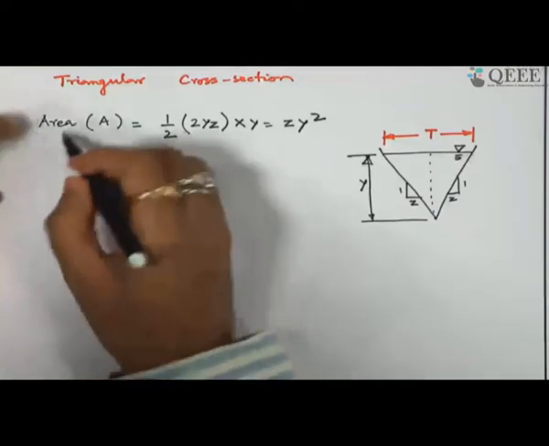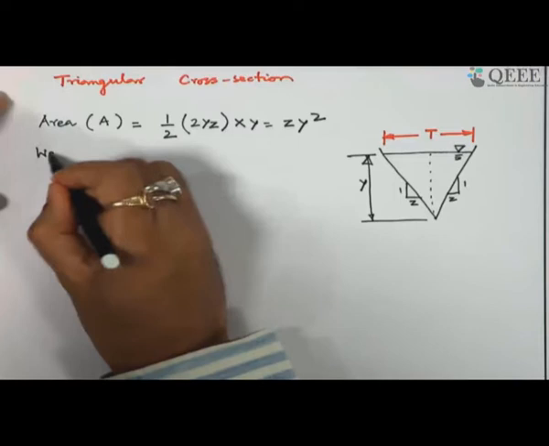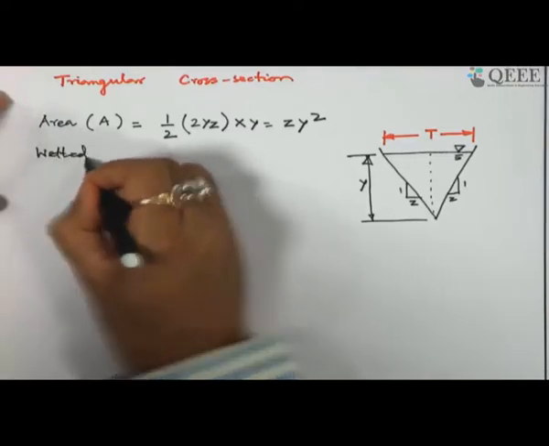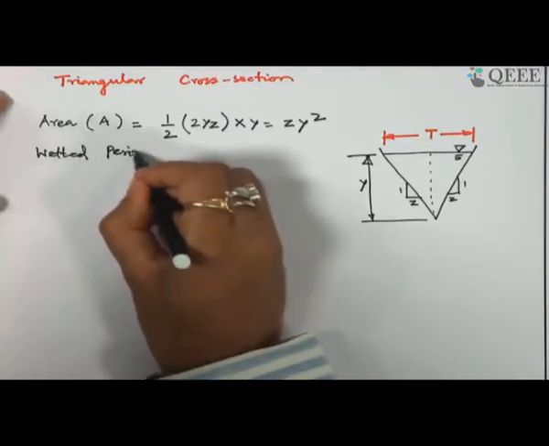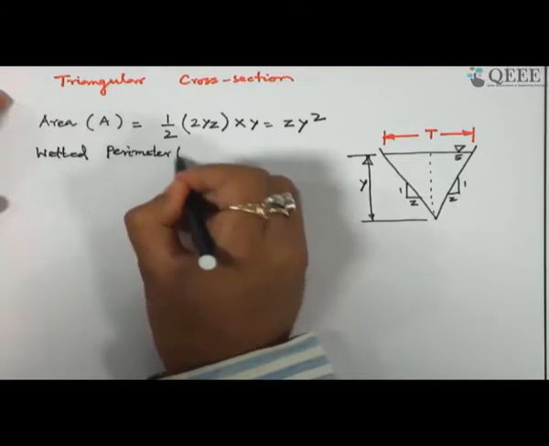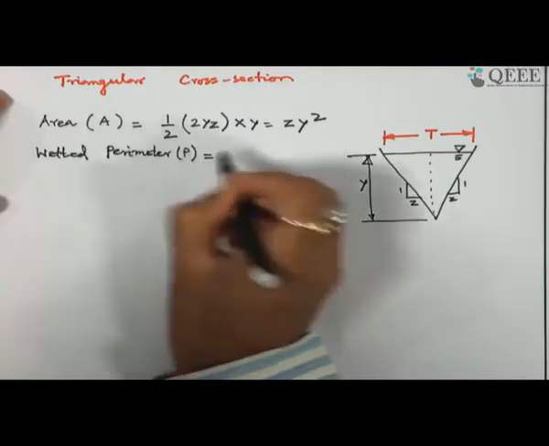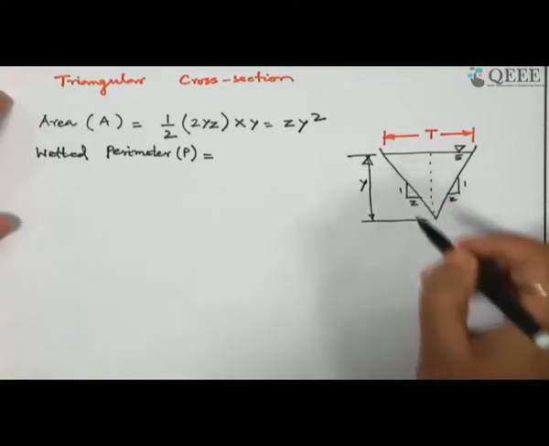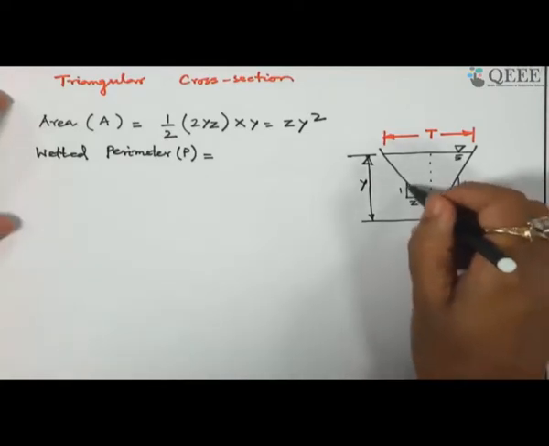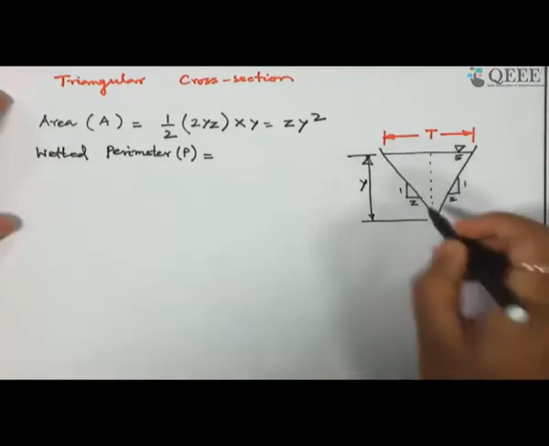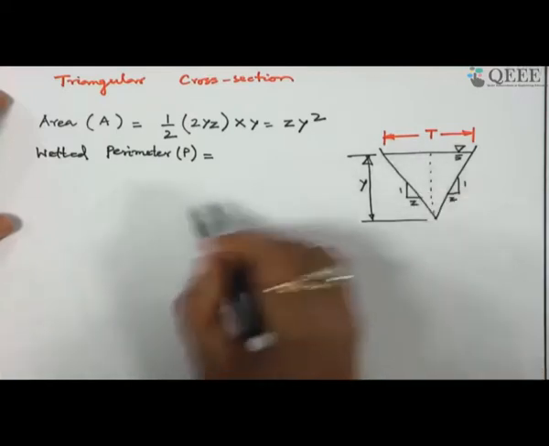Then what is the wetted perimeter P? P is this, the minimum part is square root of 1 plus z square.